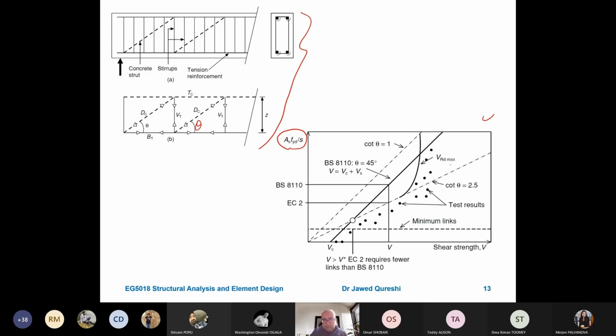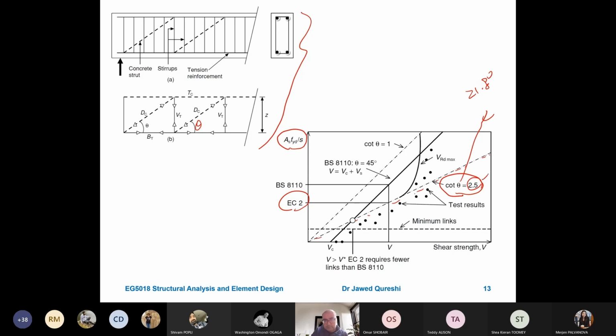Now, for the first dotted line that you see here, the value of area is less, and cot theta is equal to 2.5, meaning if you take cot 21.8, then you will get 2.5. The best way would be to get tan 21.8 degrees and then simply invert it. So your answer is 2.49, which means 2.5.